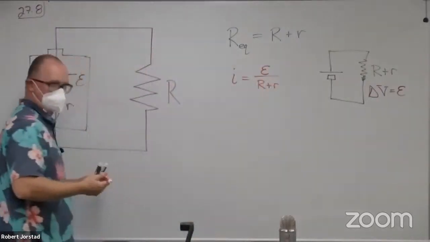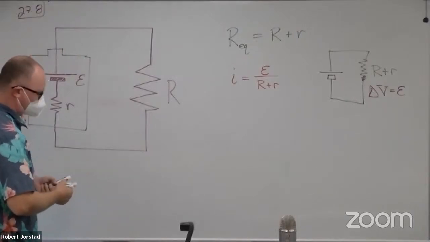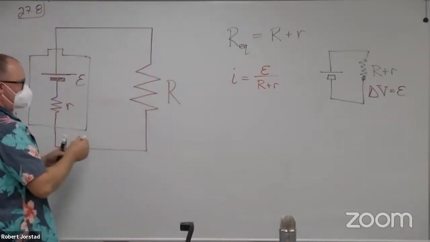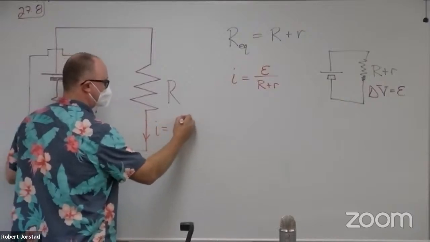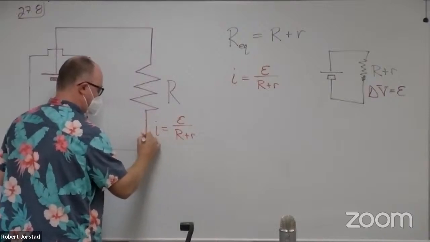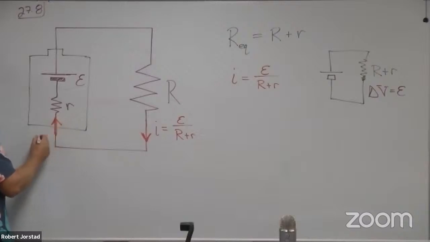All right, E over R plus r. All right, that's fine. So now, because this was a series combination, isn't that the current everywhere in the loop? The same current right here too, right? Same loop.